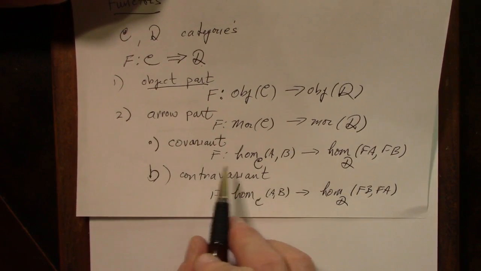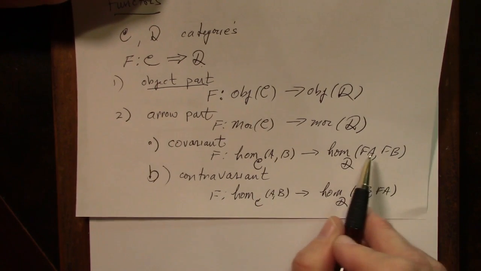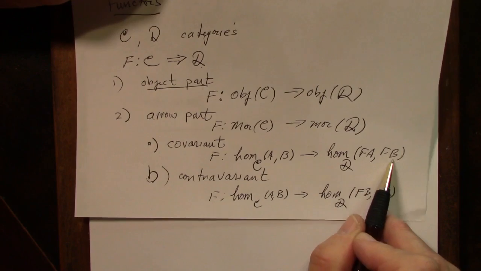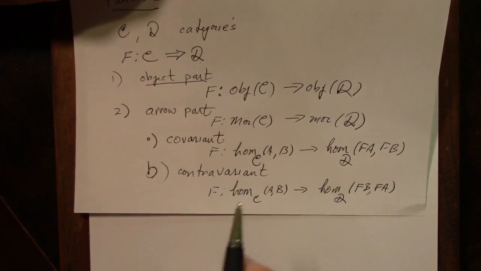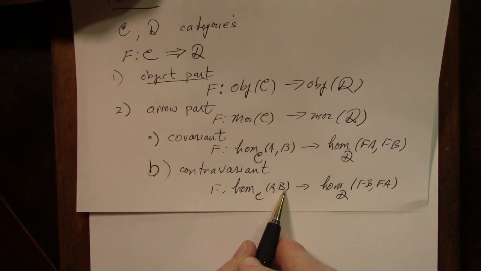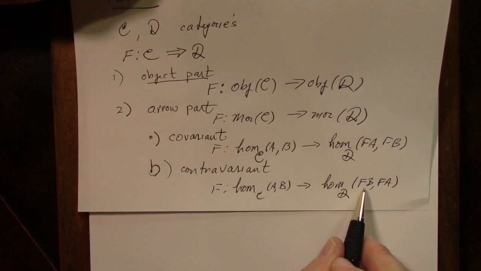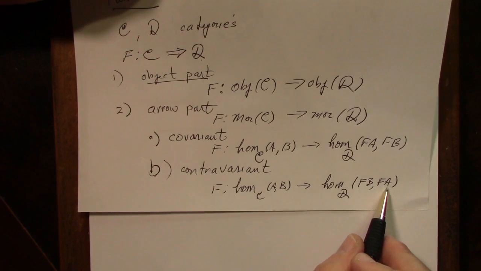So in other words, it takes a morphism from A to B to a morphism from FA to FB. A contravariant functor takes a morphism from A to B and produces a morphism from FB to FA. The direction is reversed.